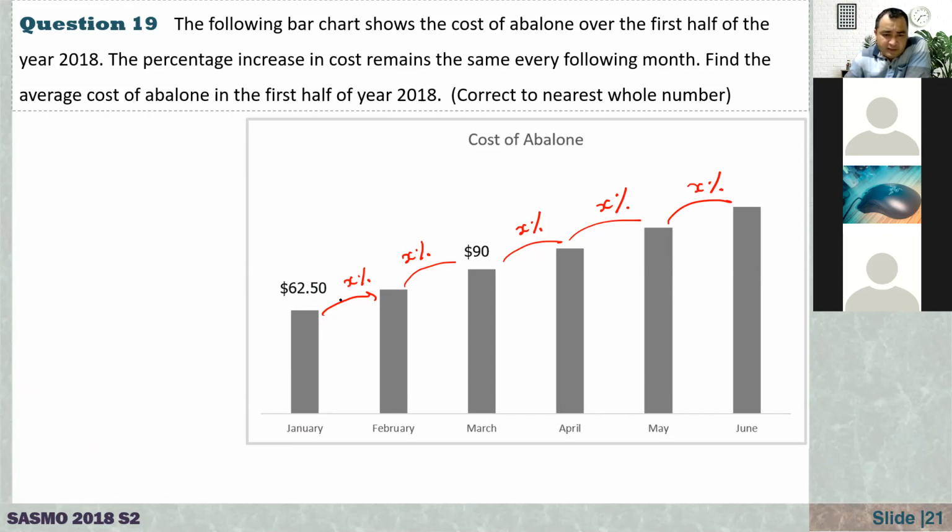The first value is 62.5. The next month is 62.5 plus X percent of 62.5. If you simplify this, I can write it as 62.5 times (1 plus X over 100).